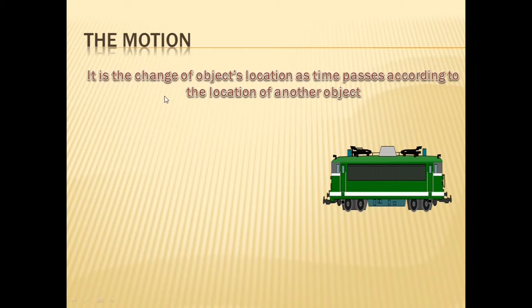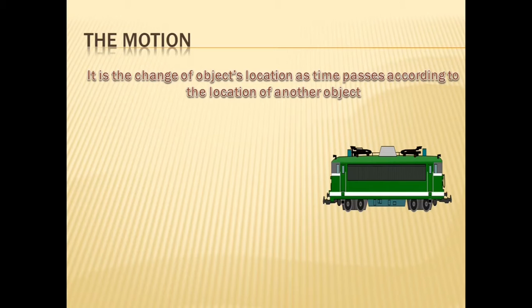We can understand easily the first part of the definition, which is the change of an object's location as time passes. But why do we add this sentence, according to the location of another object? What is the benefit from this sentence? This is because sometimes you feel that you are moving, but actually you are not.